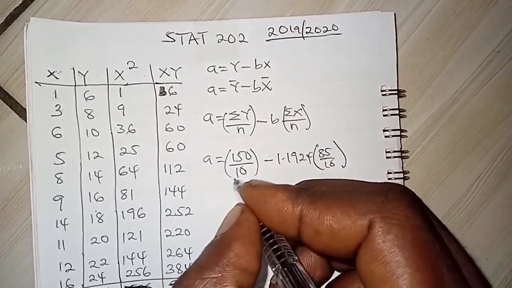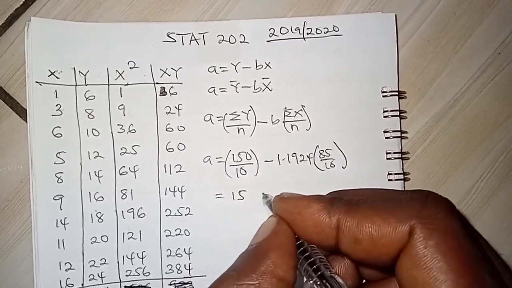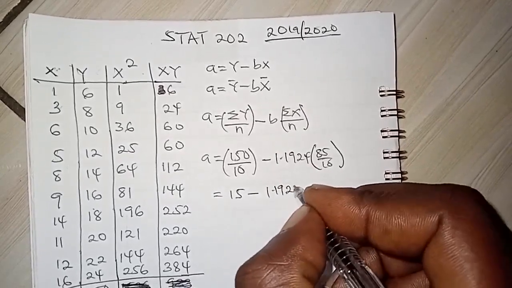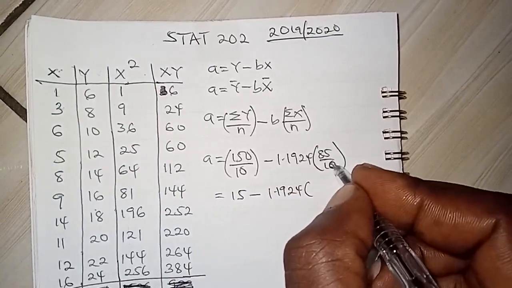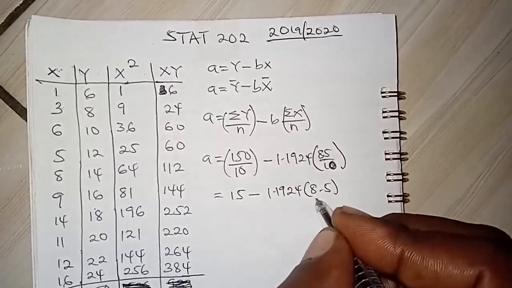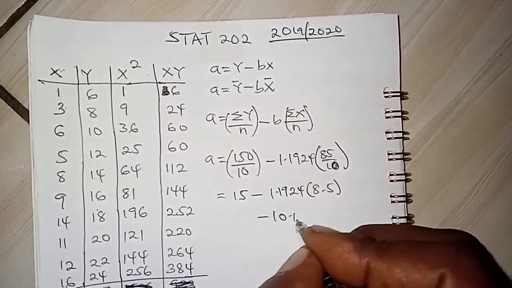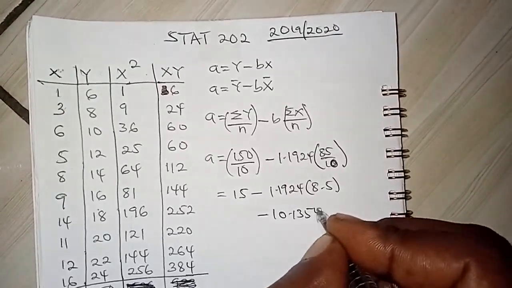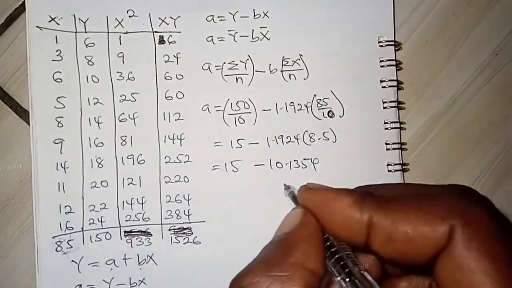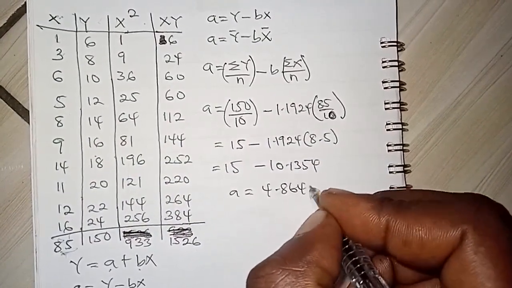If we divide, we have 15 minus 1.1924 times 8.5. If we multiply 8.5 and this, we get about 10.1354. So 15 minus that value, a is equal to 4.8646.